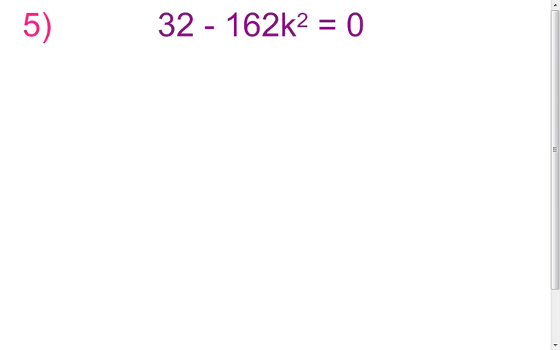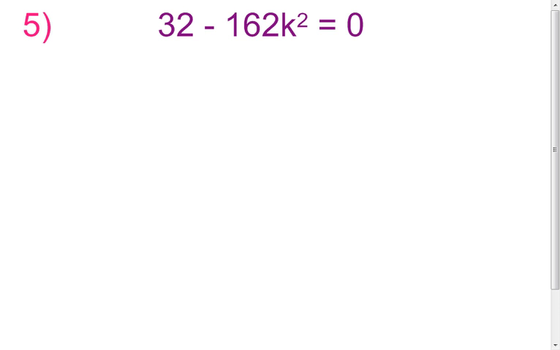It does need to be factored, so I need to figure out what I need to pull out of there to make that as simplified as possible. So 32 and 162 are both divisible by 2.